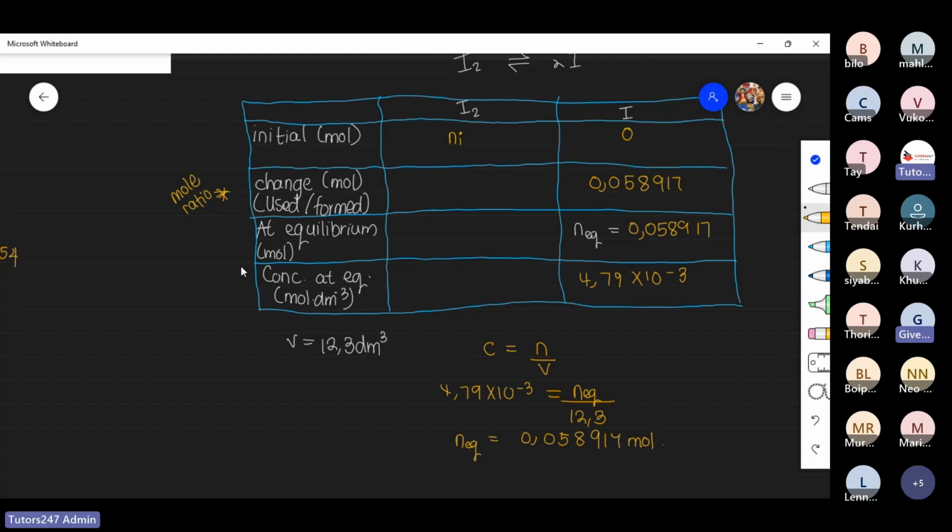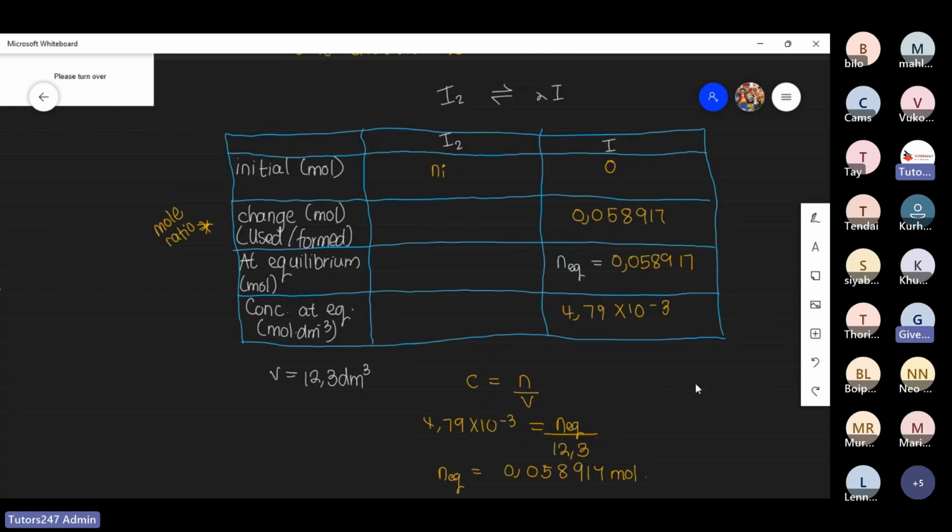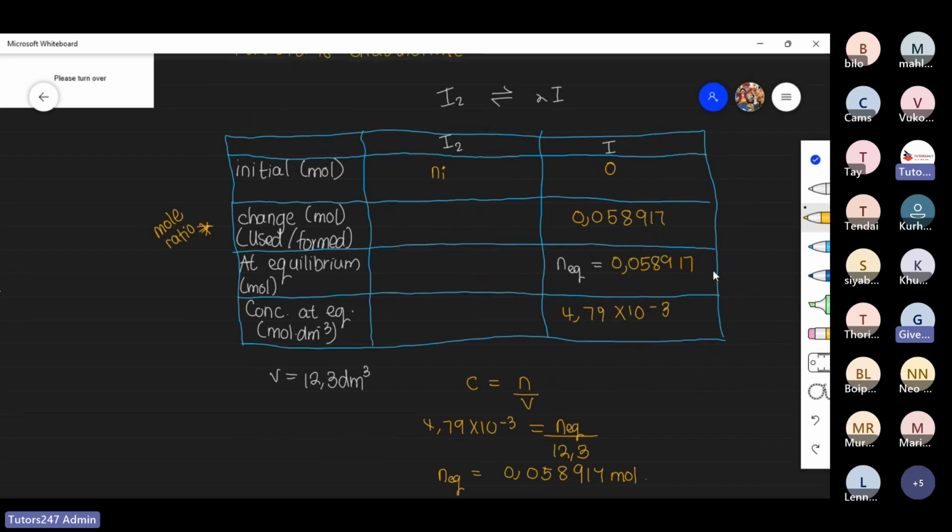So if you look, we know that, let me just move it slightly up so that you can see the equation. We know that our iodine atoms is double our iodine molecules. So if iodine atoms is double iodine molecules, doesn't that mean that the iodine molecules is half the iodine atoms? So in order for us to get the iodine molecules, all we need to do is take that 0.058917 and divide it by 2.